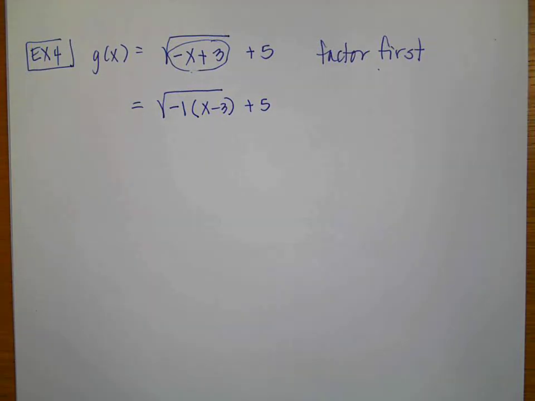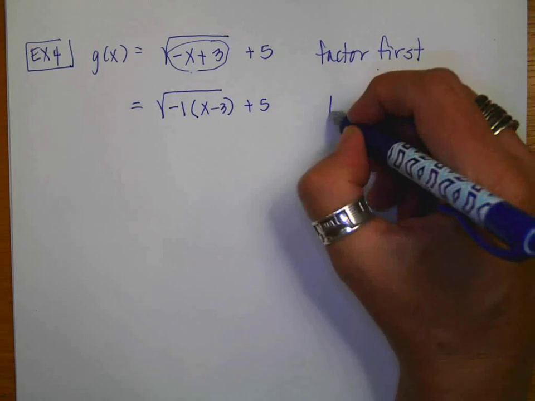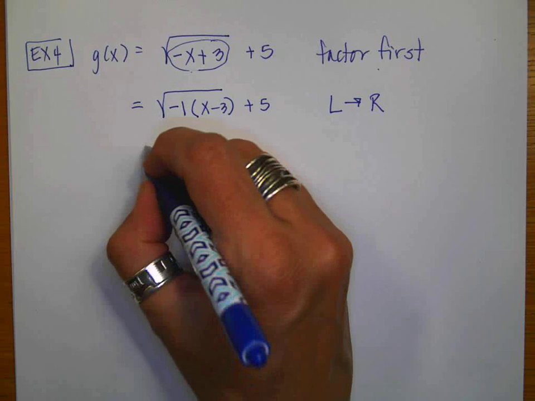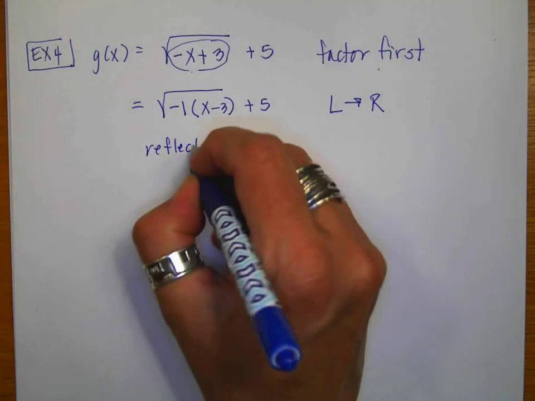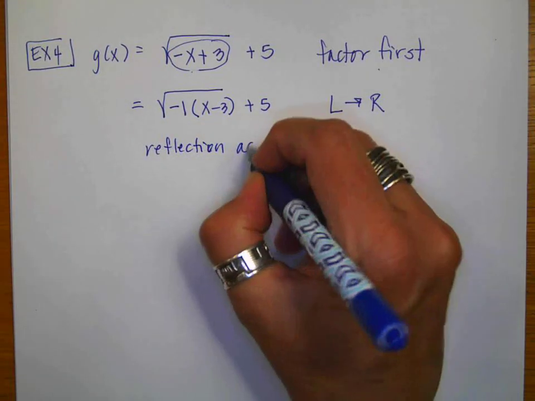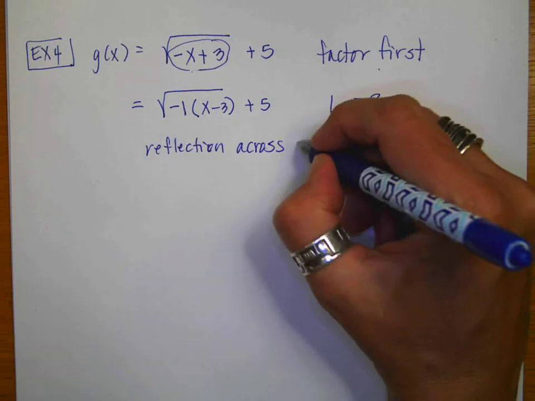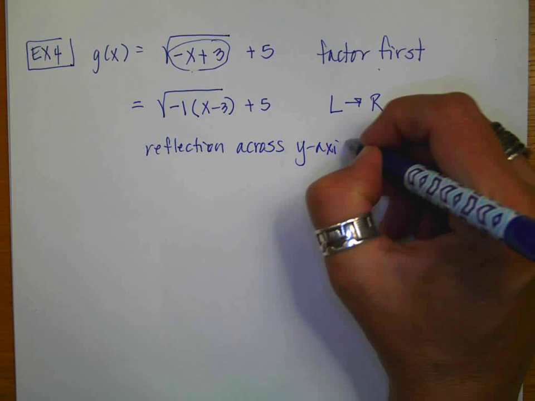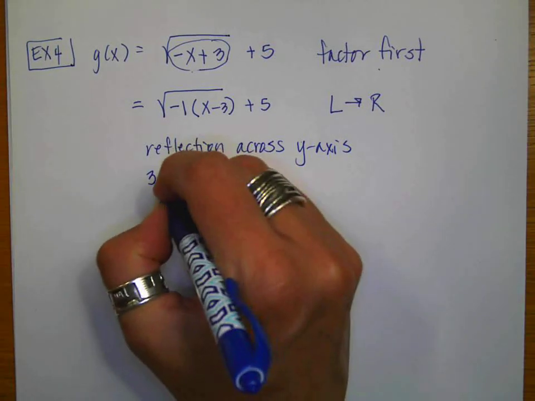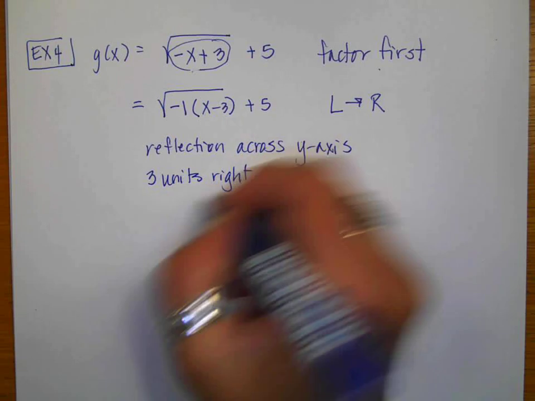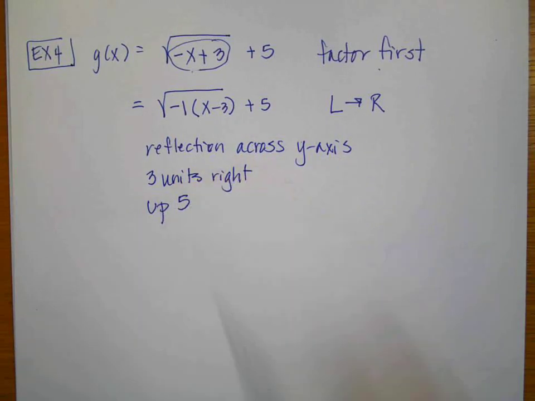and the 5 just stays outside. When I talk about multiple transformations within the same function, I always report them left to right. So this is going to be a reflection across, remember it's inside the function, so it's a horizontal change, so across the y-axis, it's going to go 3 units to the right, and then it's going to go up 5.